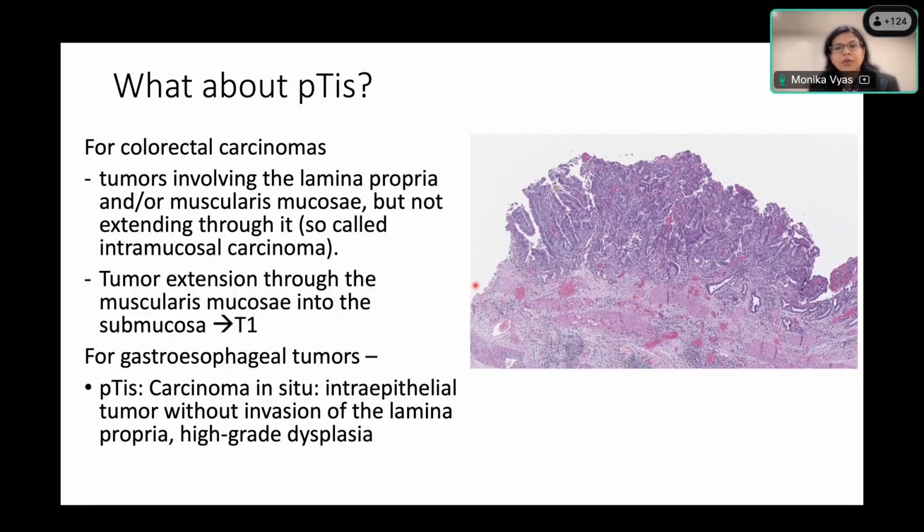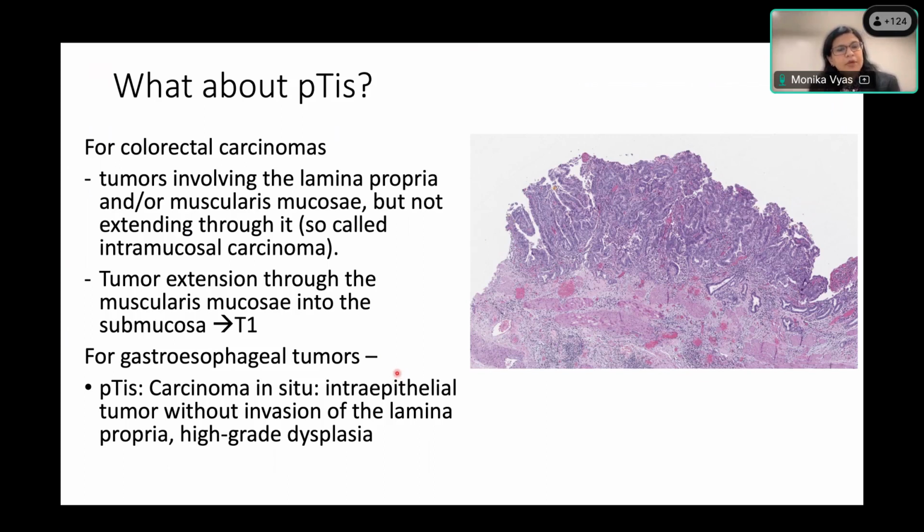And the reason for that is there are very few or no lymphatics in the lamina propria in the lower GI tract. So the risk of lymph node metastasis for tumors involving these structures is minimal to none. And hence, a more conservative approach might be okay for these tumors.